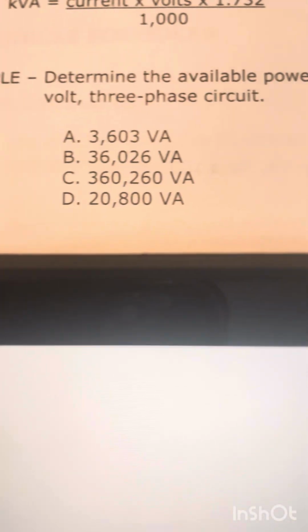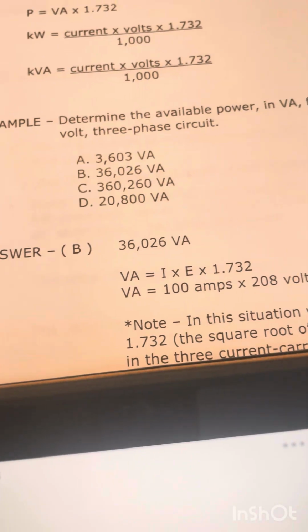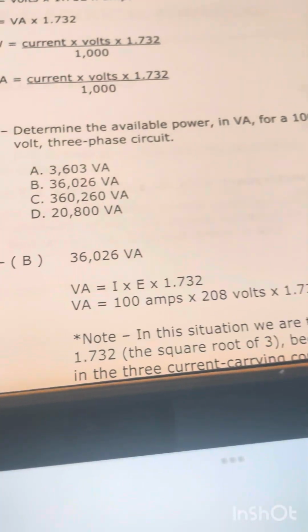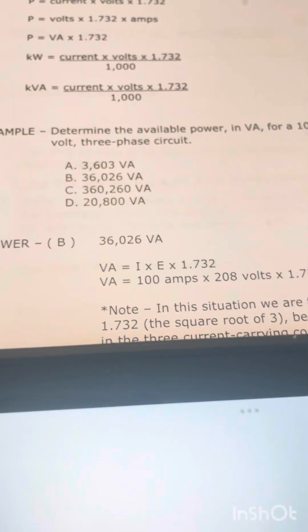Okay, is that available there? 36,026. Let's go with B. And there it is. Very easy. That's your available power in volt amps in that type of system or that circuit. And it's a three-phase circuit.